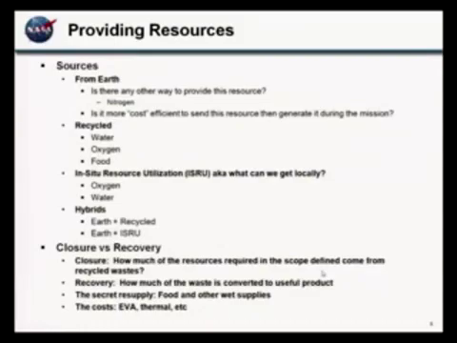And cost is in quotes because you have to decide what's of value to you. Like the dollars usually fall away. We're usually talking about mass. You may be talking about reliability. You may be talking about volume. You may be talking about power consumed.